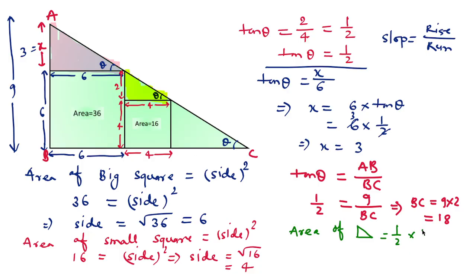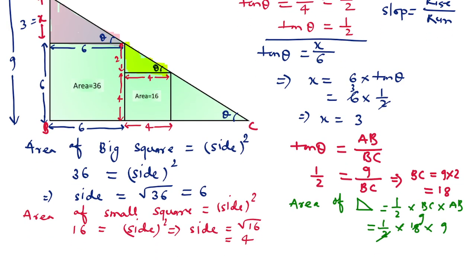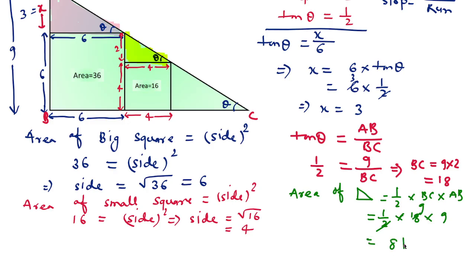The base is BC and the height is AB, so 1 by 2, BC length is 18, which we just calculated, and AB length is 9 unit. This will cancel to 9, so 9 into 9 is 81, so 81 square unit. This will be the right answer for this question.